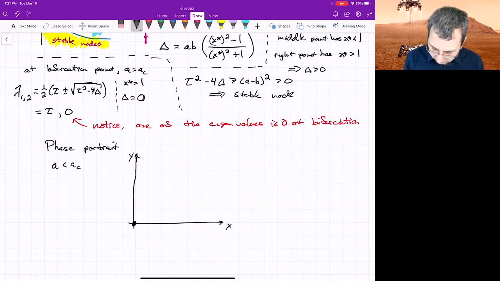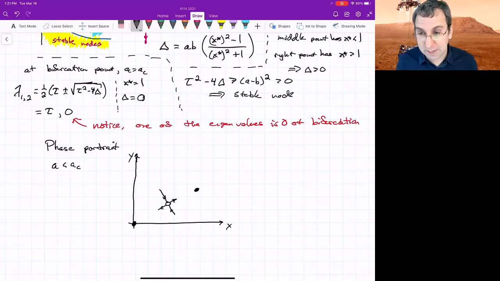Somewhere over here, the middle point is a saddle. So that means there's going to be some direction coming in, some direction going out. And then over here will be another stable fixed point, a stable node. So that means there'll be some direction coming in very strongly and some direction coming in less strongly.